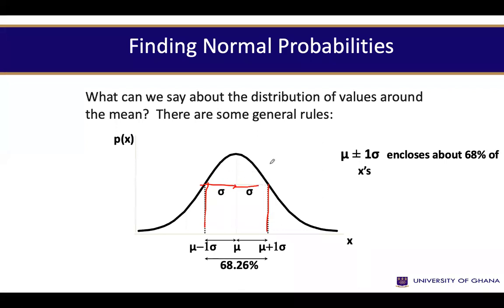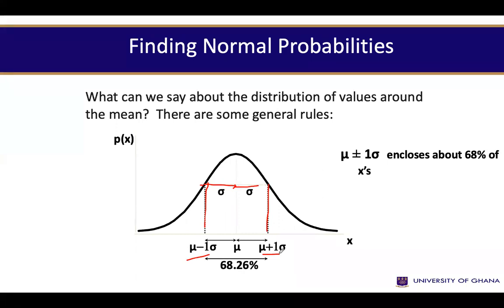The area that is occupied under this normal curve between this lower limit and that upper limit is mostly about 68.26%. This is something that has been proven.